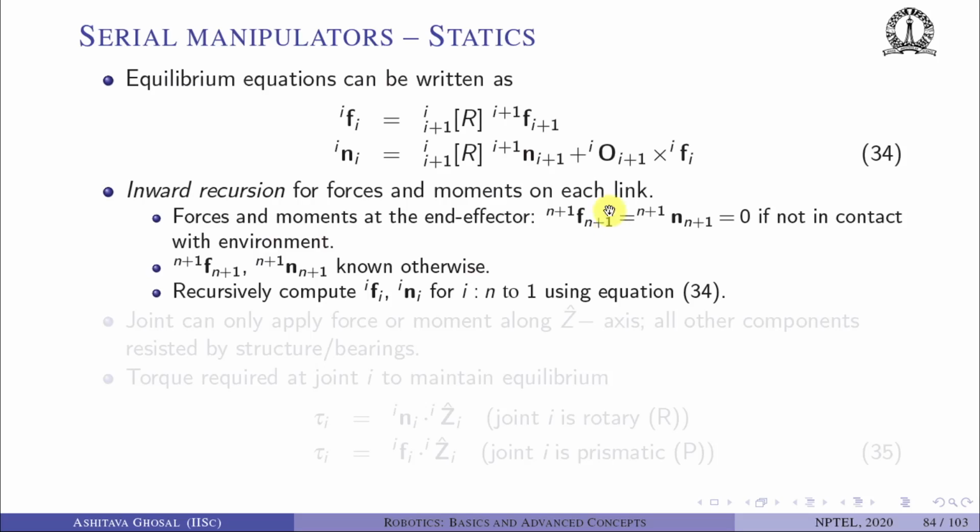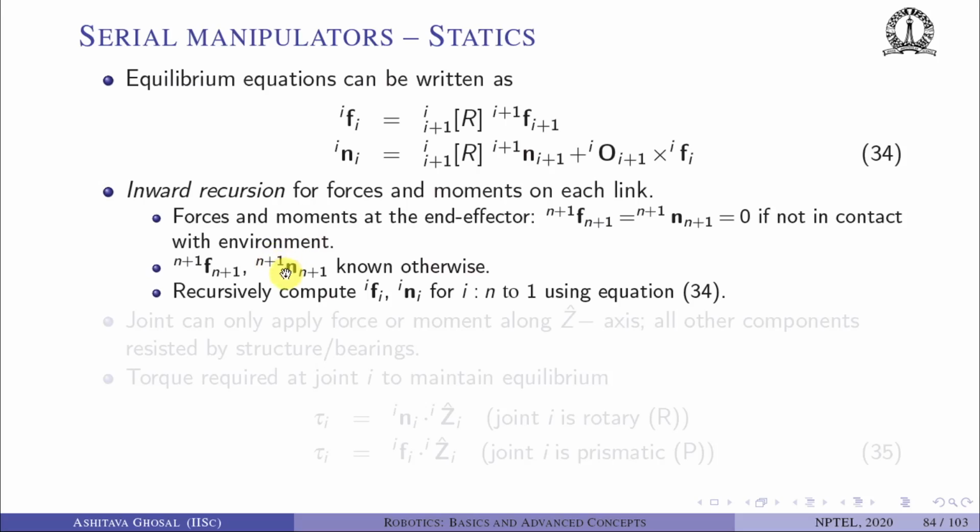Okay, so the force and moment which are acting on the end effector, either in its own coordinate system or in some other coordinate system, is known. Okay, so most of the time, if it is not in contact with the environment, if it is free space, then it is 0. Otherwise, if it is pushing against something or lifting some payload or doing some work, then this force which is acting on the end effector is known.